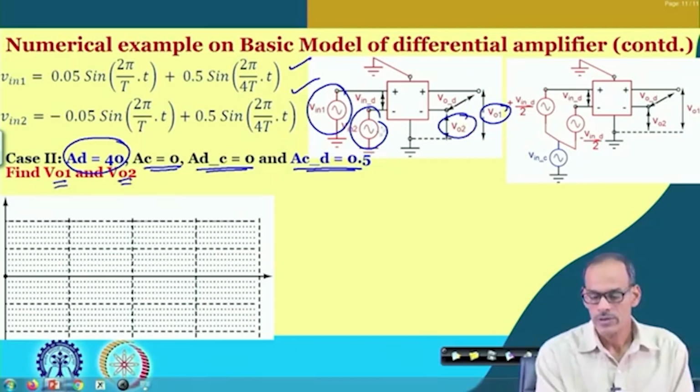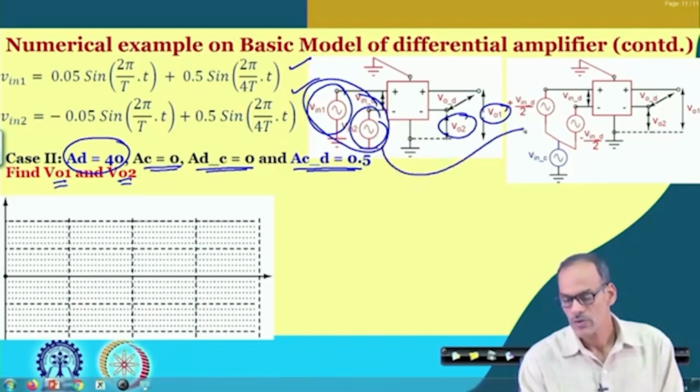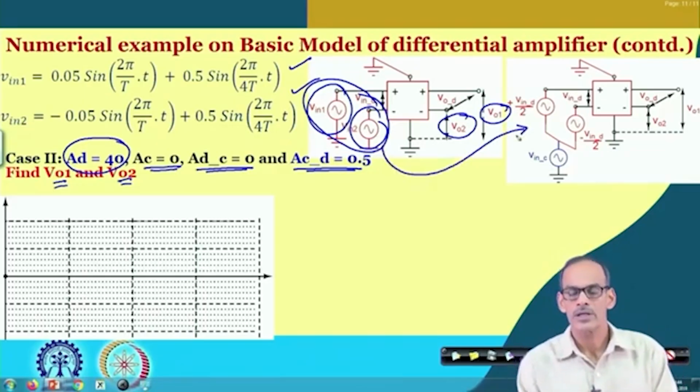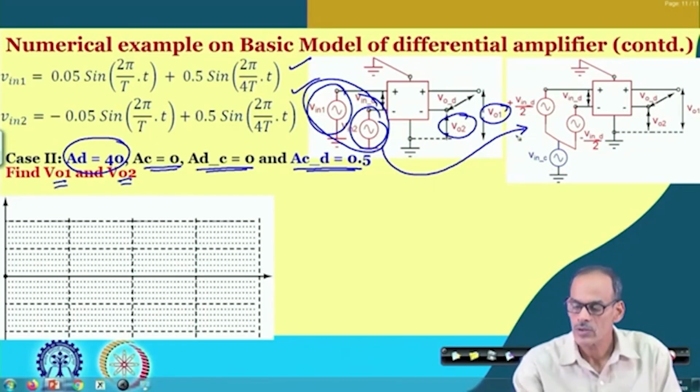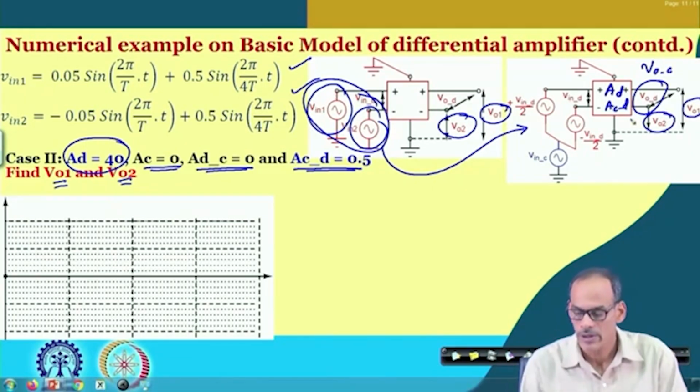Again, we can convert this signal pair into the differential part and the common mode part, and then we can make use of the values of AD and ACD to get VOD and VOC, and from that we can calculate the individual signals.